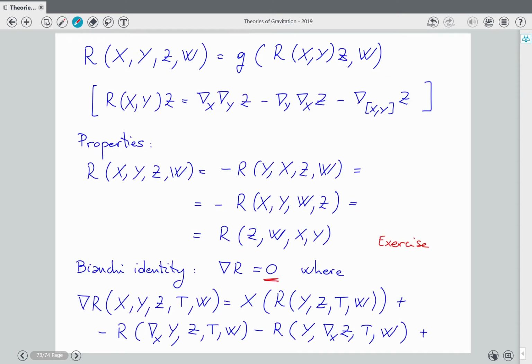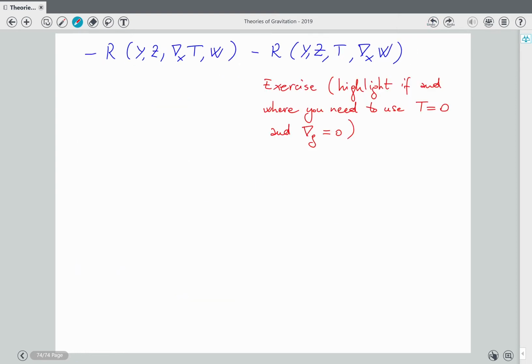Otherwise you have many more terms. But here you have also the metric around, because we have defined the Riemann tensor this way, so presumably you will also need to use the metric compatibility, but you have to find out. So this is the exercise.